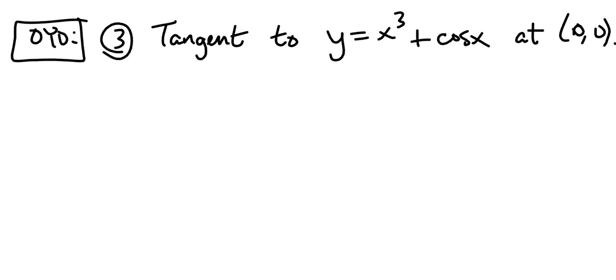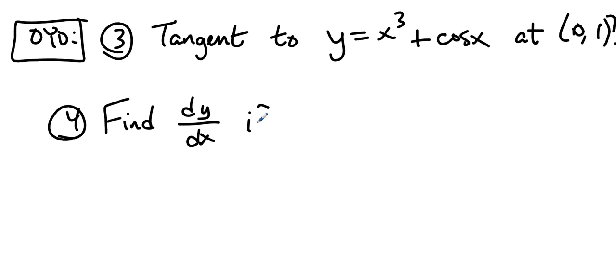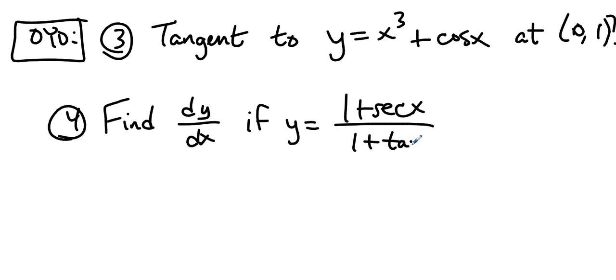What am I doing? 0, 0 is not even on the function. 0, 1 is on the function. 0 cubed plus cosine of 0 is 1. That's on the function. So that's something to consider. And then the other question for you to consider would be to find dy dx if y is 1 plus secant x over 1 plus tangent x. That's a nice quotient rule question.